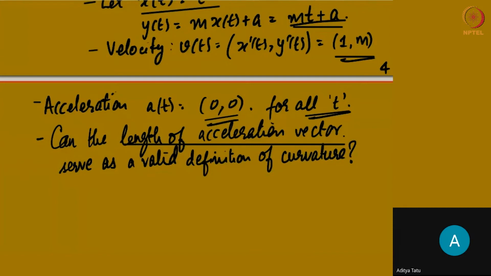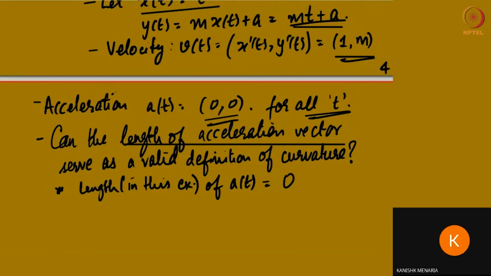Okay, so in this particular example, what is the length of the acceleration vector? So 0, 0 is basically origin, so the length is 0, right? So will this work as a definition of curvature?